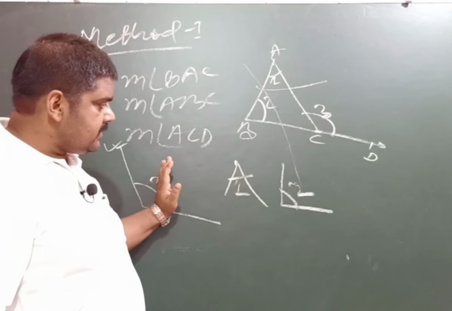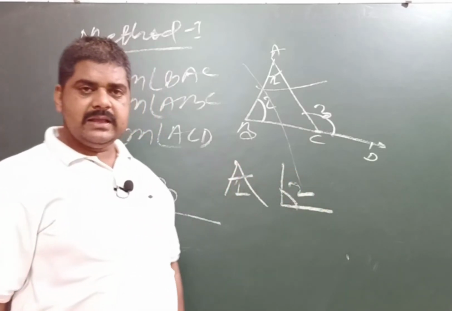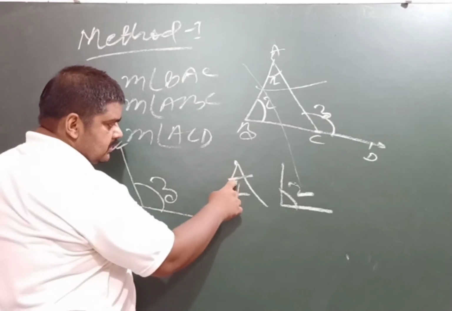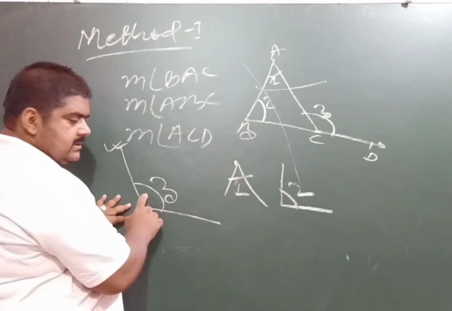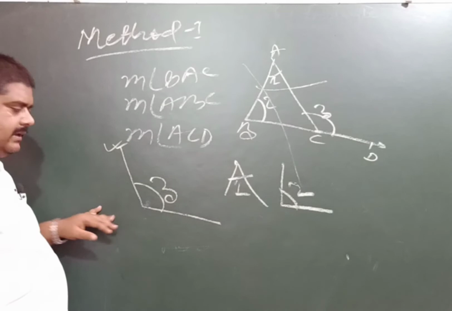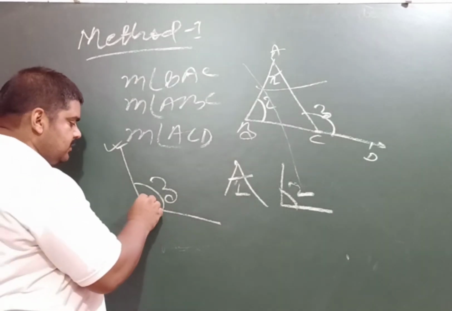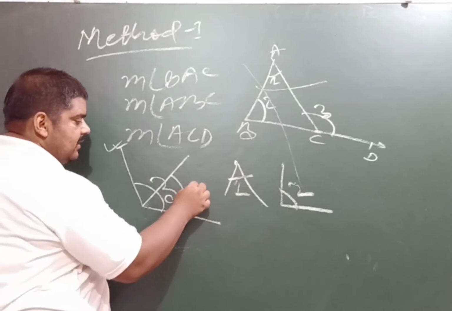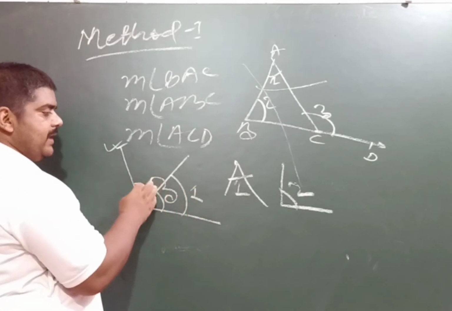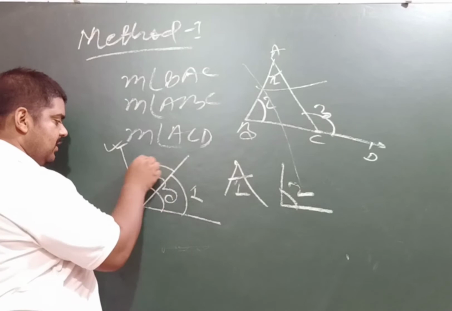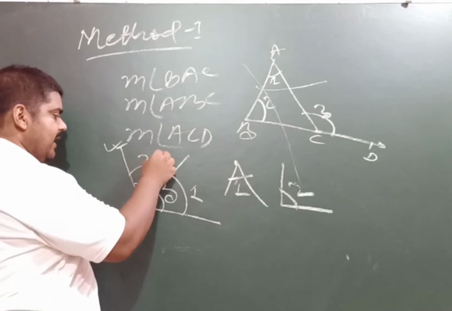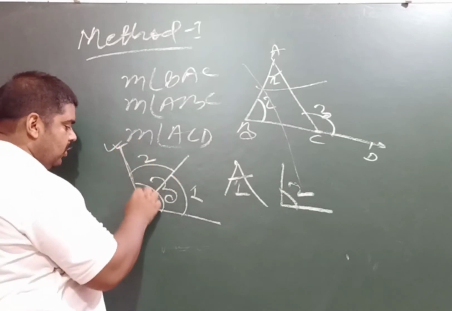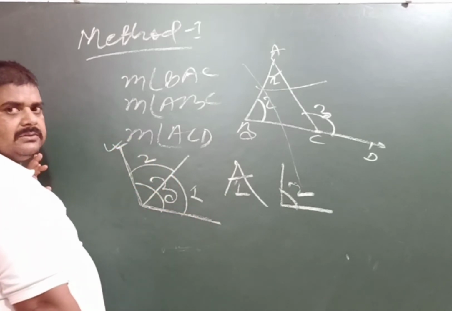And when you have separated all three angles, then what you have to do is put angle 1 and 2 on the third exterior angle. You find that this is angle 1, and when you paste angle 2 on 3, you see that it covers the whole part of angle 3.